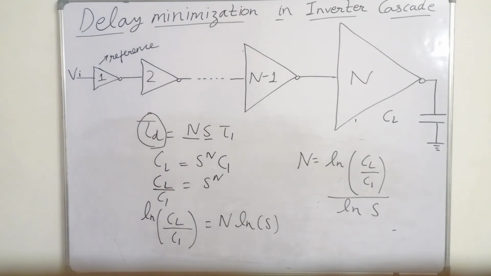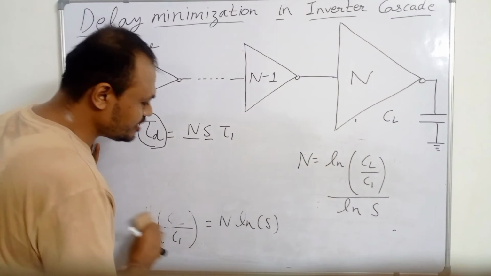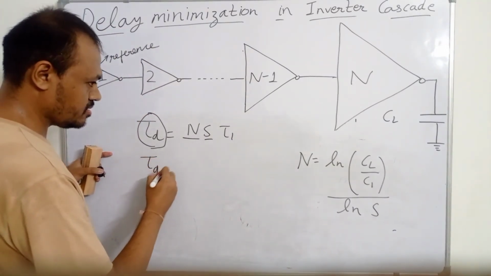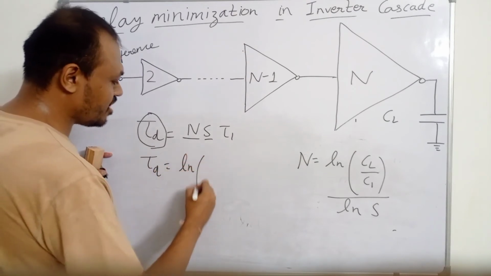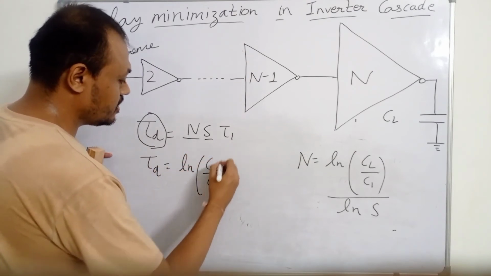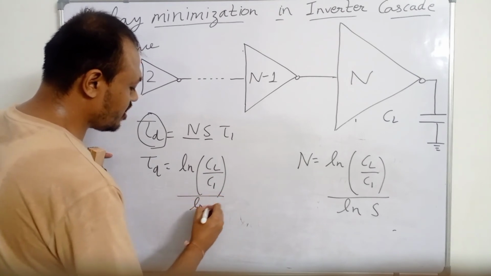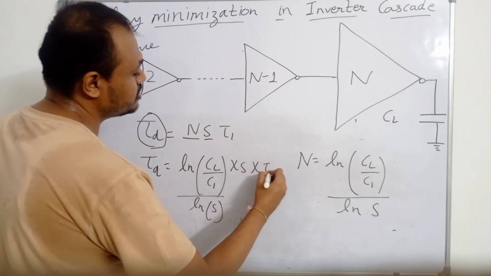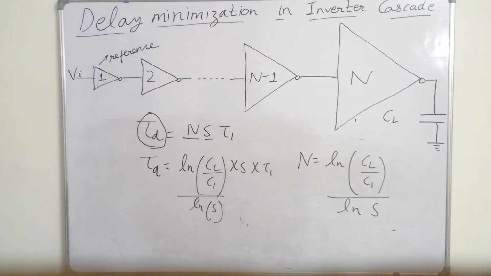We can substitute that in the formula for the time delay. So tau d will be equal to natural logarithm of CL upon C1 upon natural logarithm of S into tau 1, where tau 1 is the time delay of the reference stage.